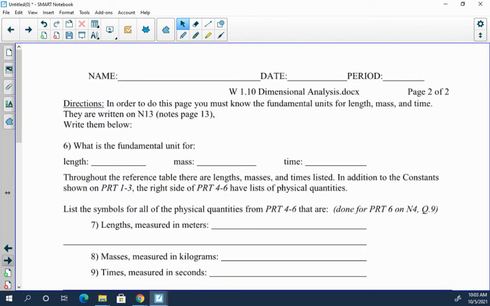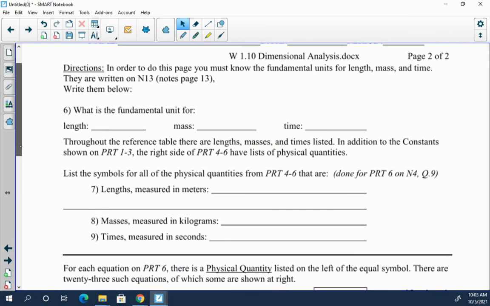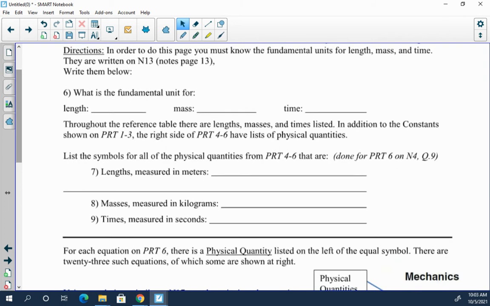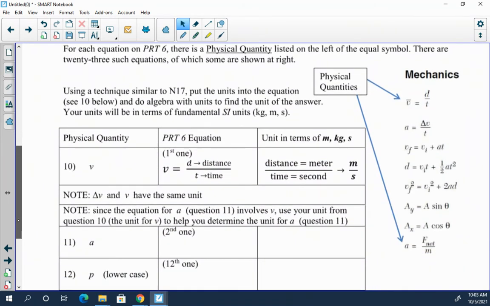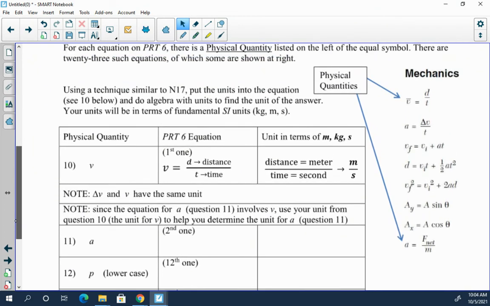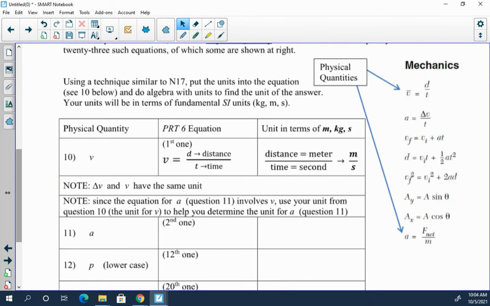On the back is actually easier. Let's go real quick. Fundamental, you know how to do all this. 6, 7, 8, just read it. 9. Down here for 10, 11, 12, 13. You are finding the units by looking at the equations. Now we actually want PRT6. Now we actually want your reference table.